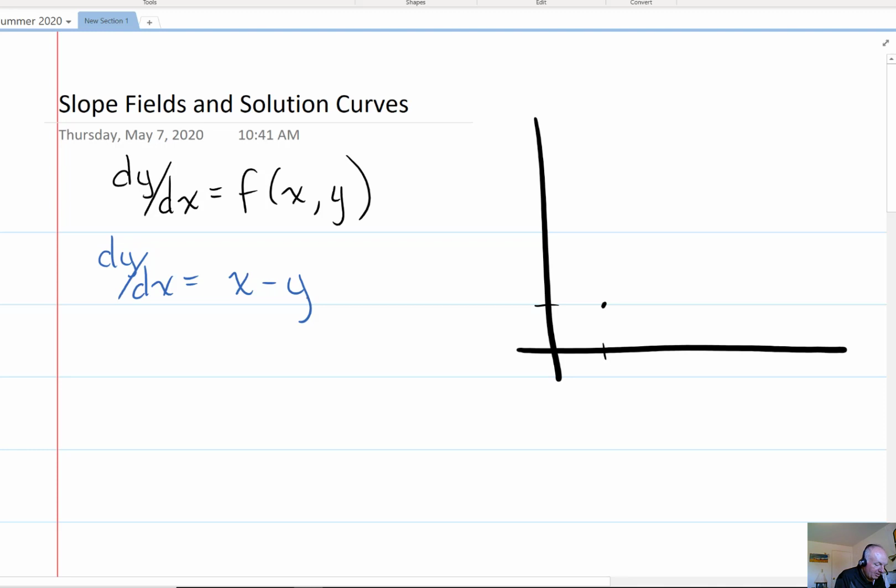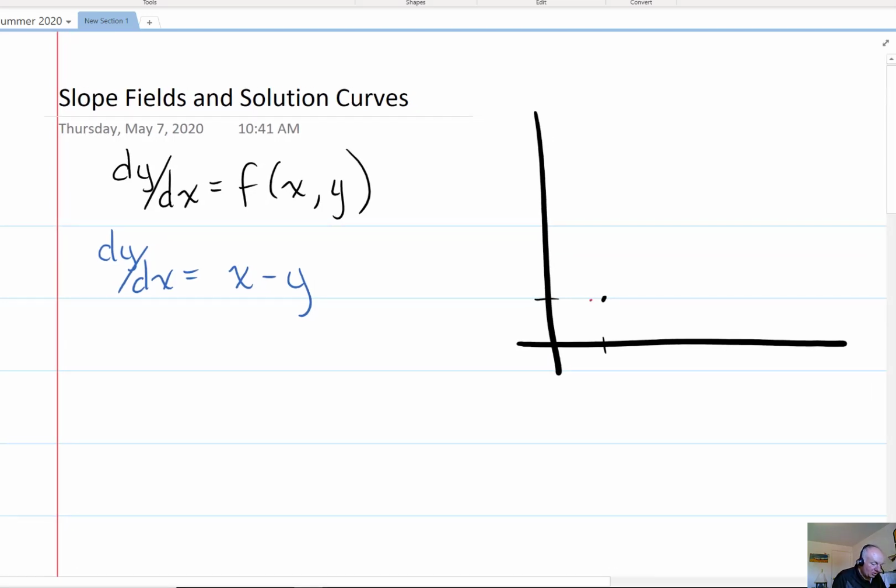So we don't know what the solution y is, but we do know its slope at (1, 1) has to be 0. So we'll put a little line in there to indicate that the curve itself, whatever the solution is, has to flatten out there.